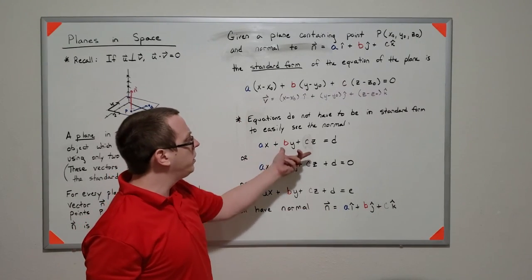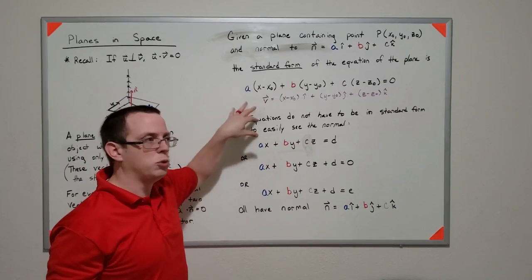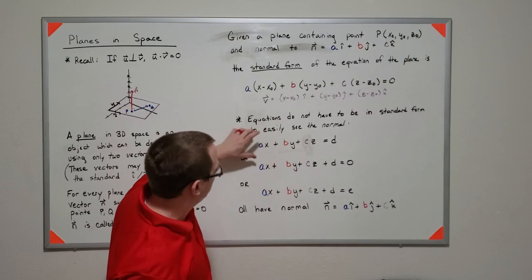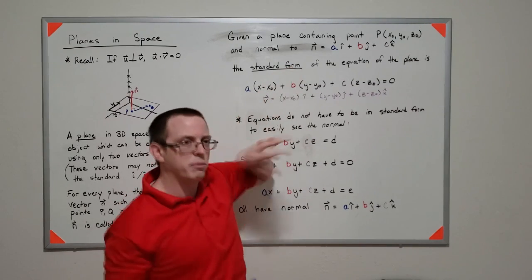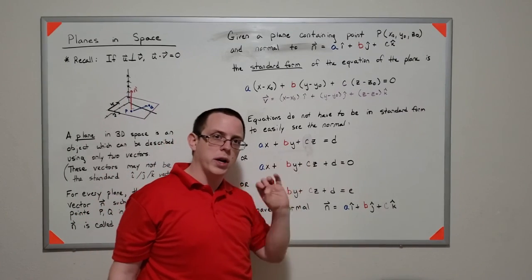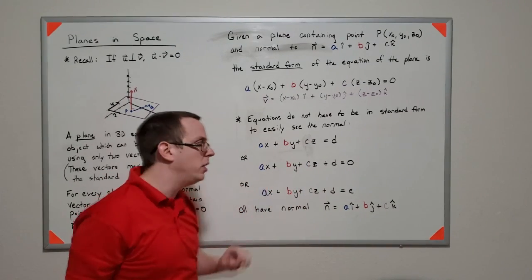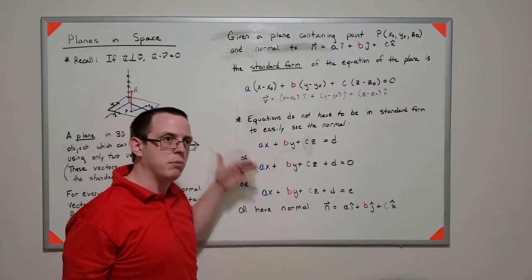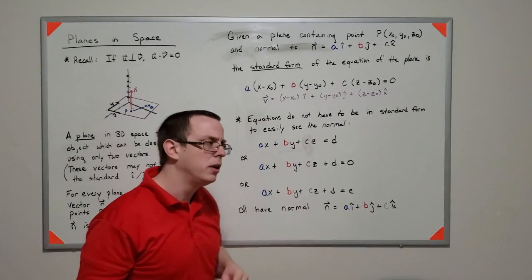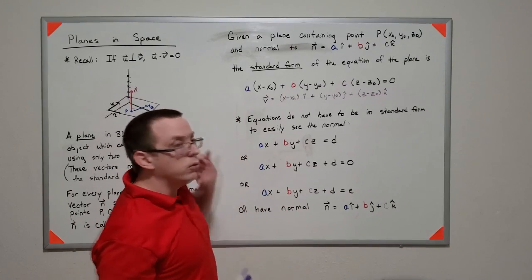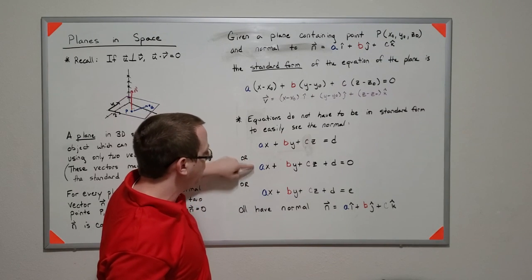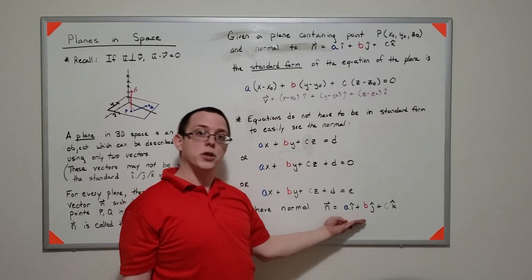If you really thought about it, you could figure out an algebraic way to make it look like the standard form. You'd have to shift it and adjust your starting point a little bit, but it all describes the same plane. Either way, the moral of the story is, if you see something in standard form or in these alternate forms, we can always determine the normal vector.